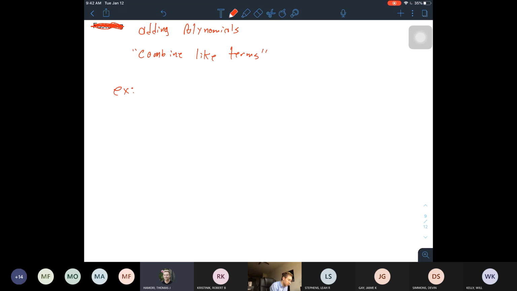So we take, I don't know, x cubed minus 7x squared plus x plus 3. And we're going to add that to 2x cubed minus x plus 3.